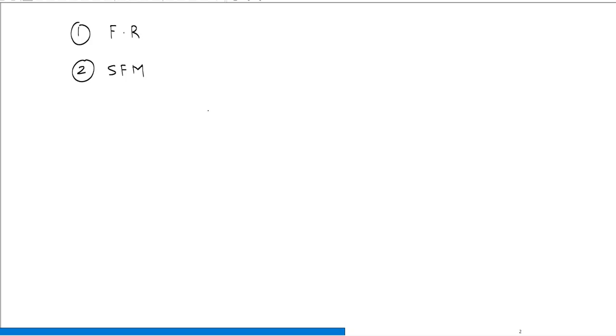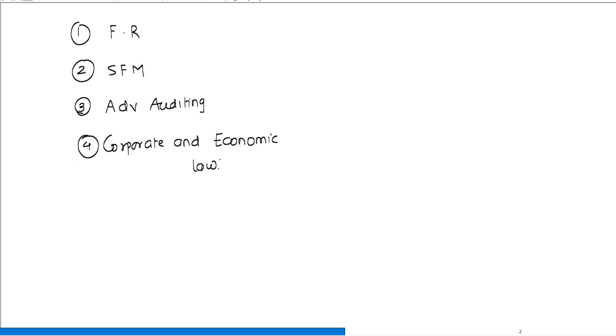Then we have paper number 3, advanced auditing and professional ethics. Then paper number 4 is corporate and economic law. This is our group 1.